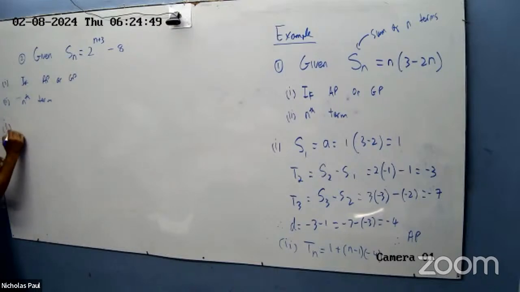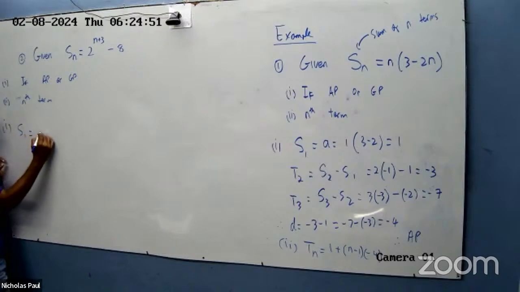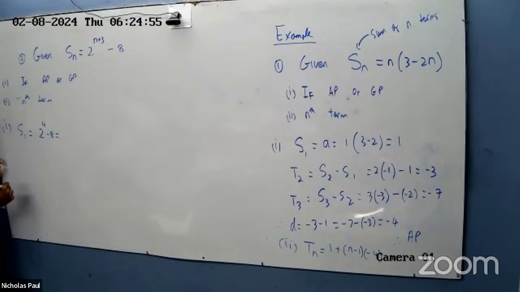So S1 is equal to 2 to the 4 minus 8. How much is this? 8. Let's just work out all one time now.